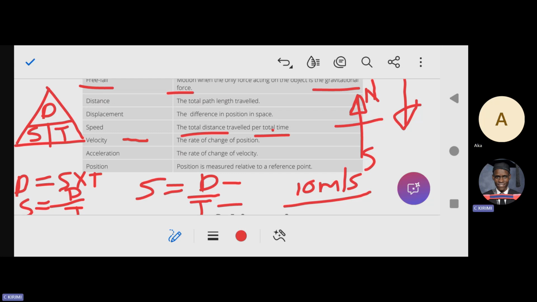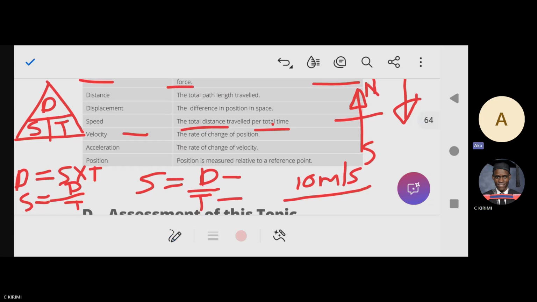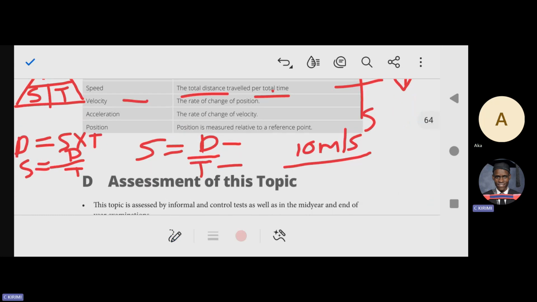Any question there? Right. Let's move on. Acceleration, rate of change of what? Of velocity, yes. Position is measured relative to the frame of reference, a point.